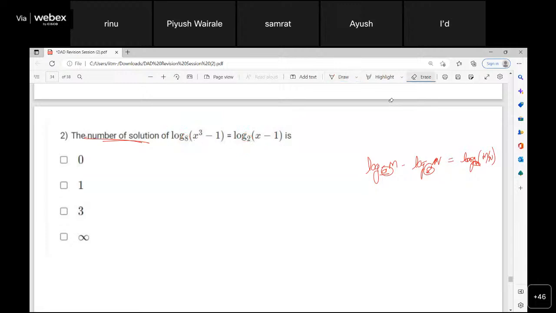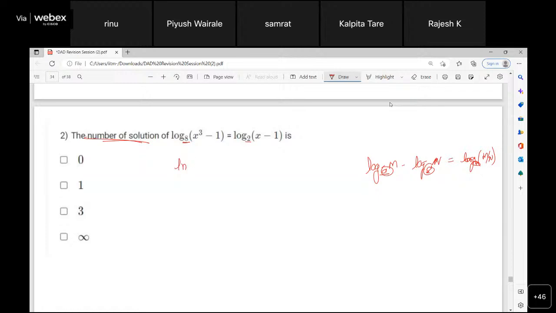This x cube minus 1 is a cube minus b cube. So for that, before doing any simplification, we should change the base first: 1 upon log 8 to the base (x cube minus 1) is equal to log x minus 1 upon log 2, right? Then only we can apply those properties of log.